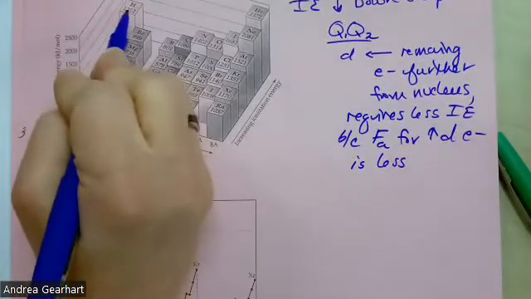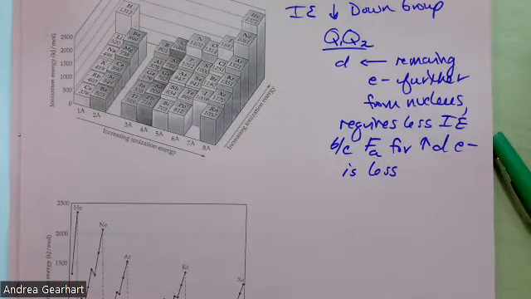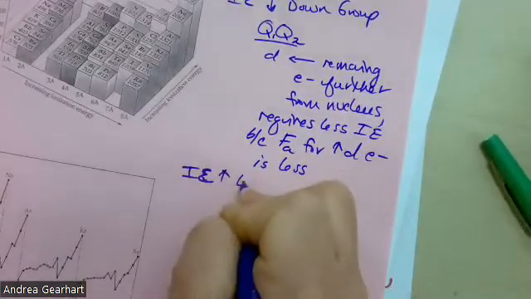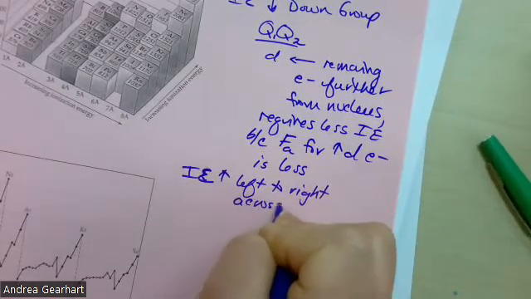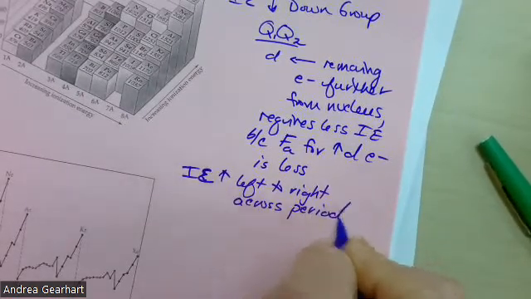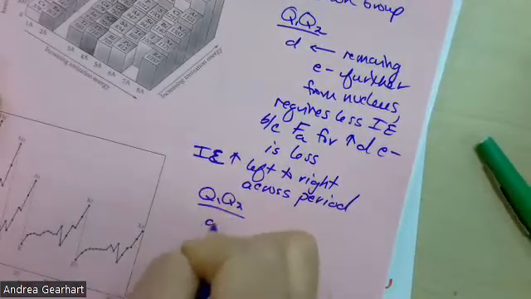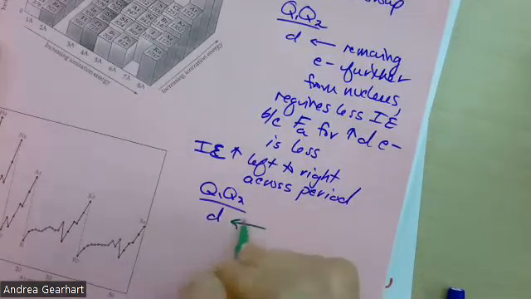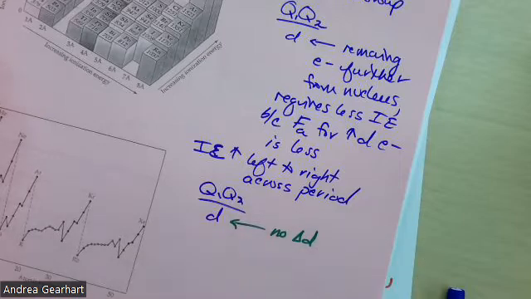As we go from left to right, it increases. We know across a period, distance is not changing, relatively, not changing enough.